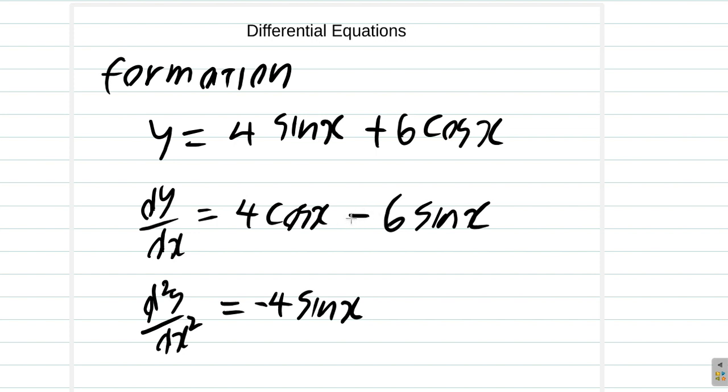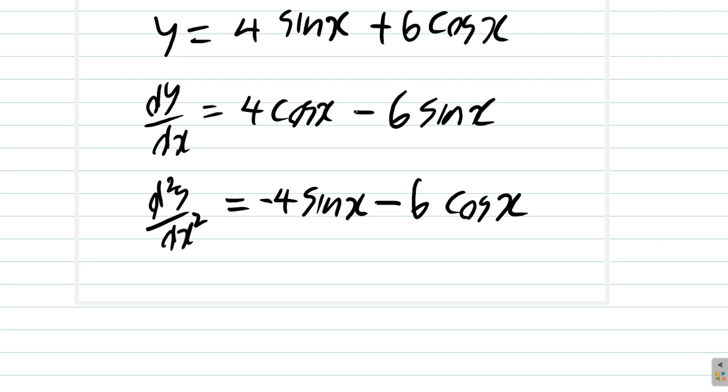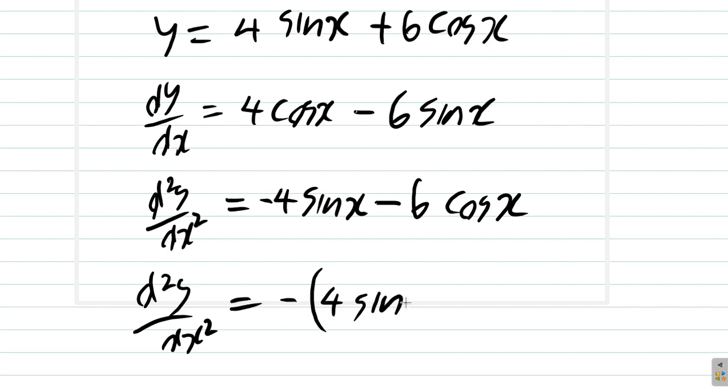So this minus remains, it will not be affected because it's a positive that you get when you differentiate sine. So you have 6 cosine x. Let's fix this up a bit. You have d square y by dx squared equal, let's put a negative outside, negative and bracket 4 sine x plus 6 cos x. Alright.